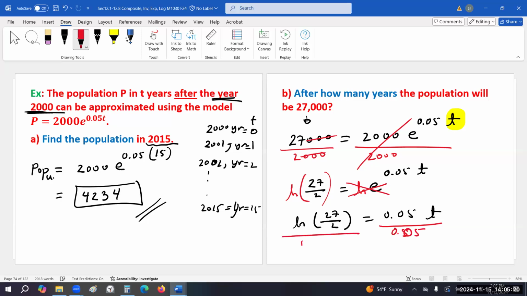We divide by 0.05. And how long does it take? 52 years? Wow.